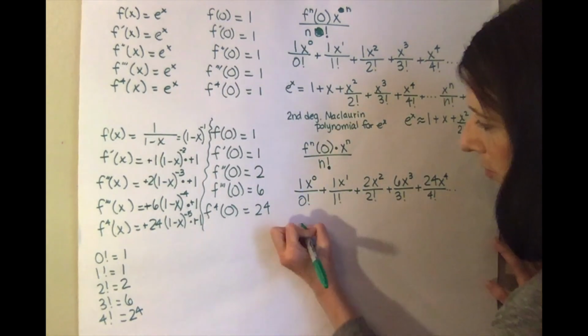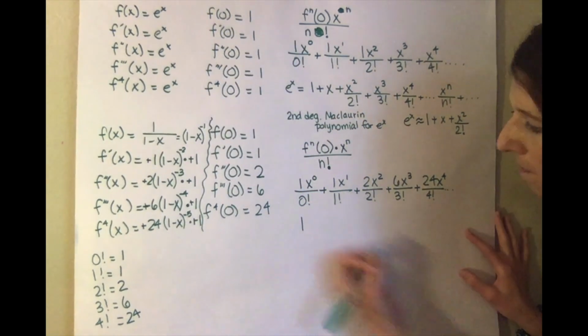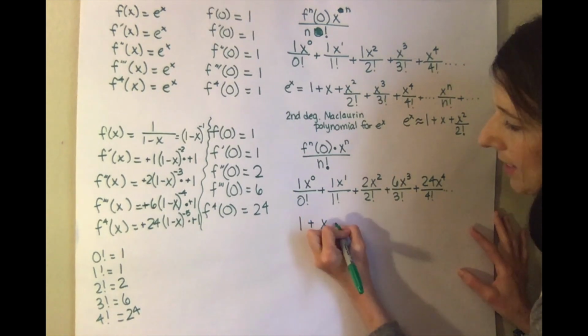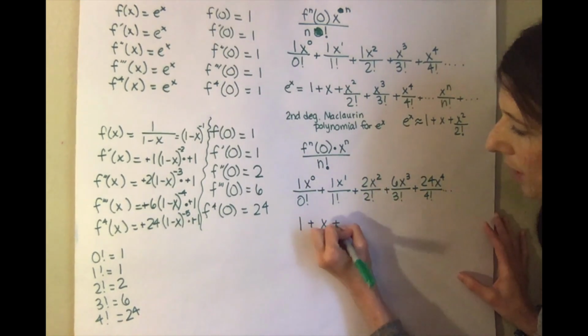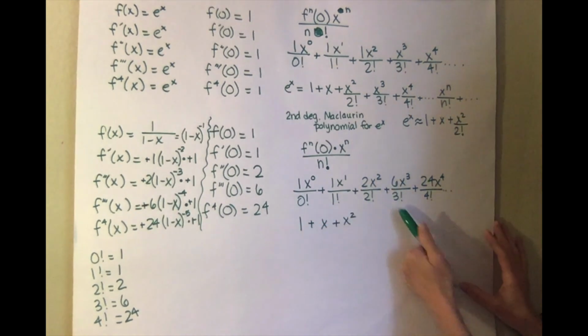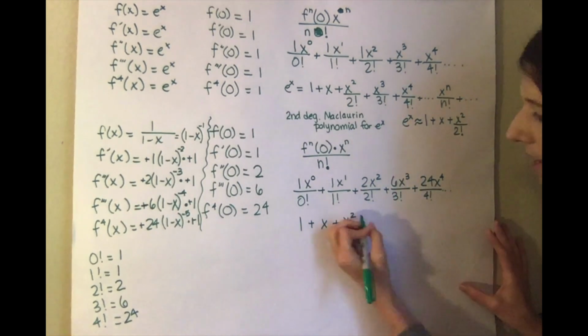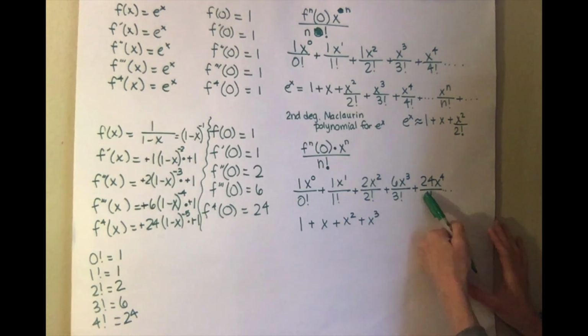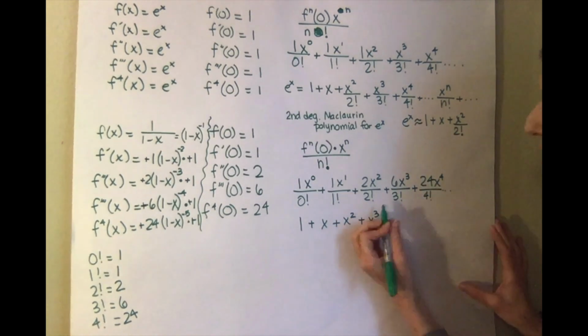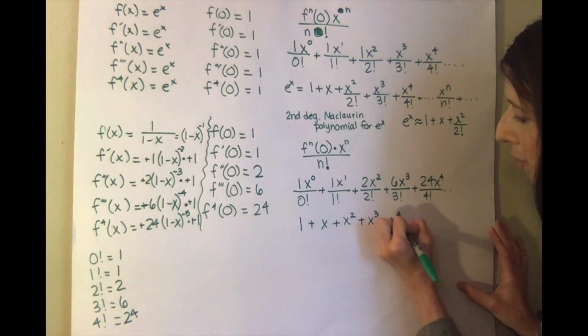So this term just simplifies to be 1 plus x. 2 factorial and 2 are the same, so they cancel out and give x squared. 3 factorial is the same as 6, so that cancels and gives x cubed. 24 and 4 factorial are the same, so that's just x to the 4th.